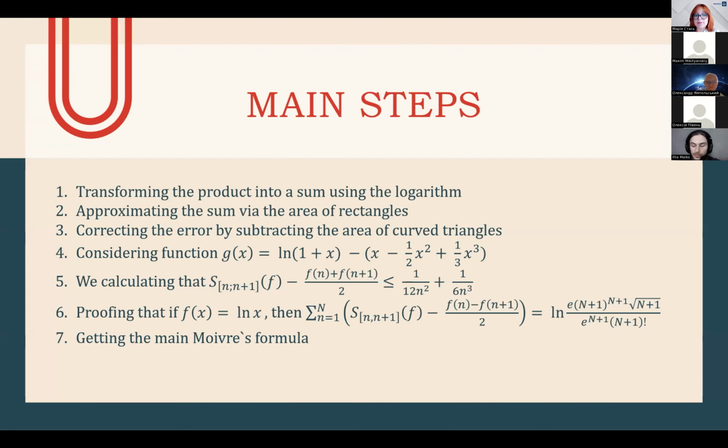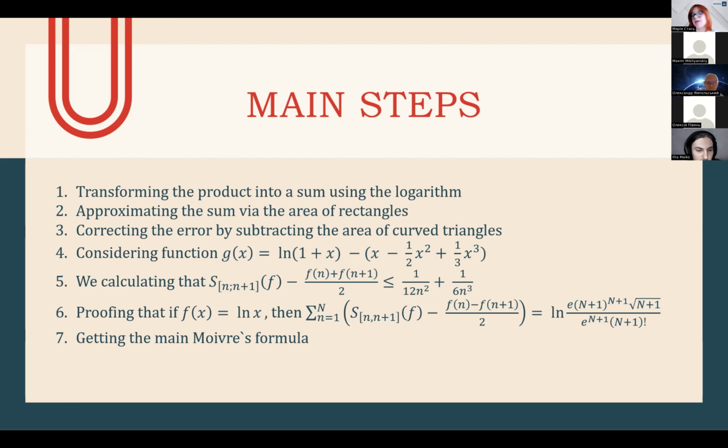Our main steps are: transforming the product into a sum using the logarithm, approximating the sum via the area of rectangles, correcting the error by subtracting the area of curved triangles, considering the function, calculating this area with the function minus the sum of functions divided by 2.